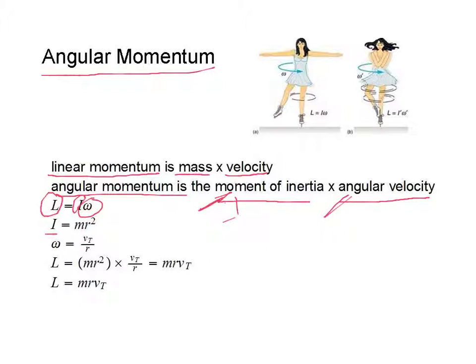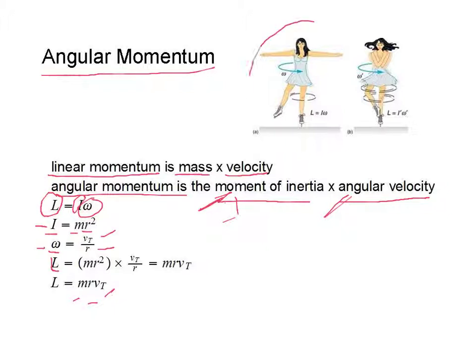The moment of inertia is equal to the mass times the radius squared. The angular velocity is equal to the tangential velocity divided by the radius. So if we take our term for I and omega and plug it into our equation for L, we find that L, the angular momentum, is equal to the mass times the radius times the tangential velocity.